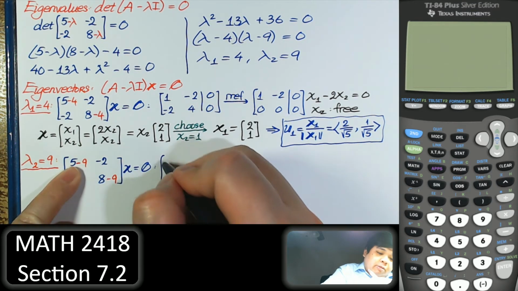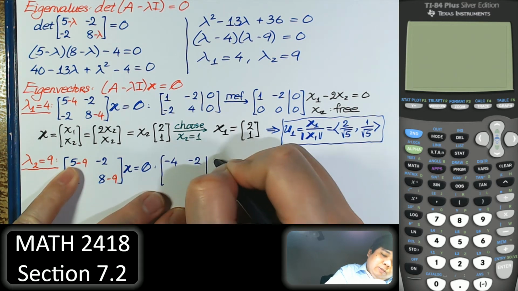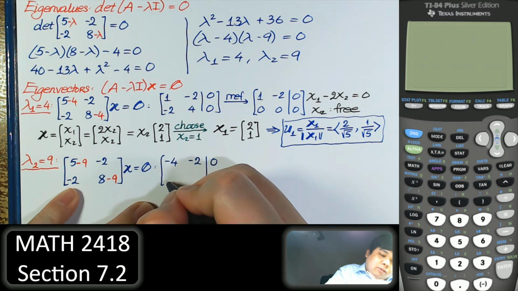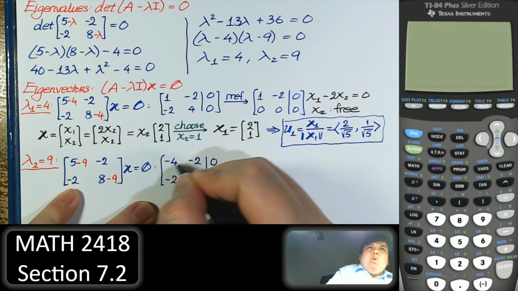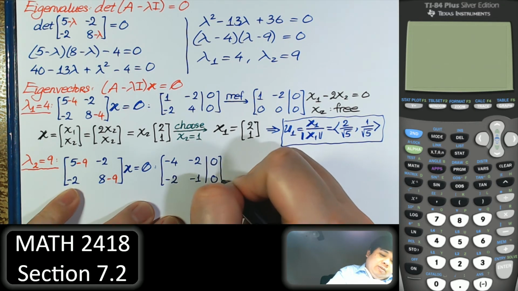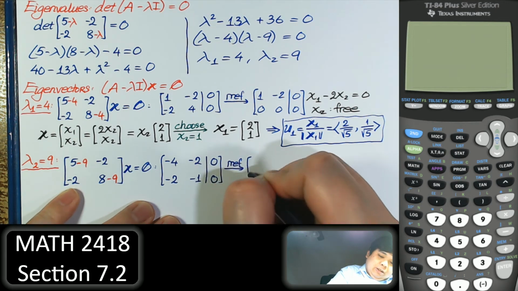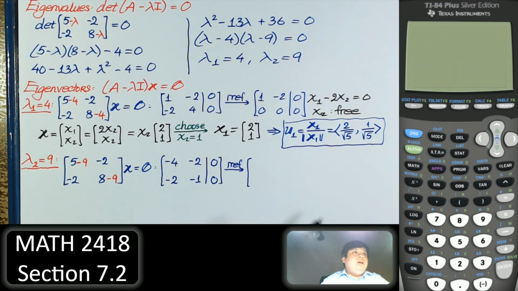Going to be negative 4 and negative 2. Of course, always one of them is a multiple of the other when we only have 2 rows. This will be 1 and 1/2.